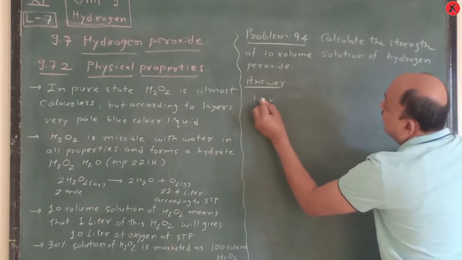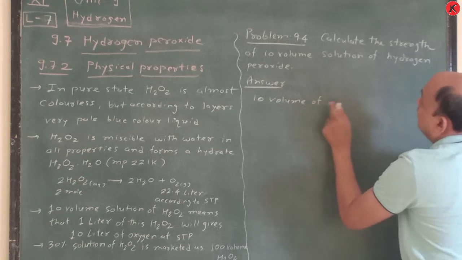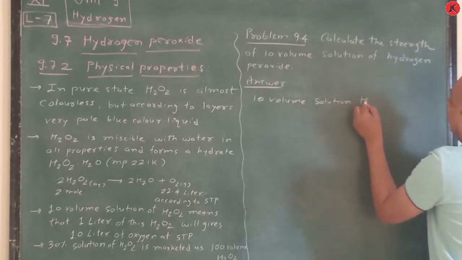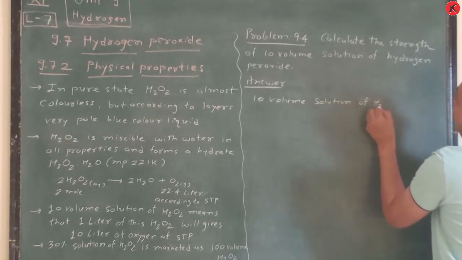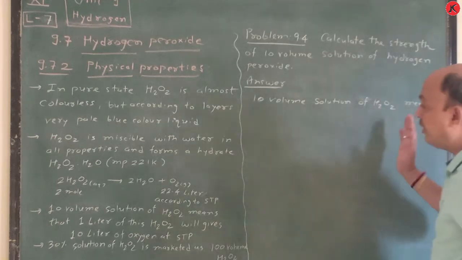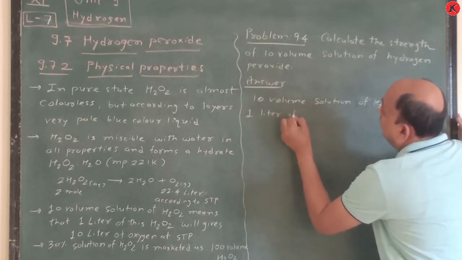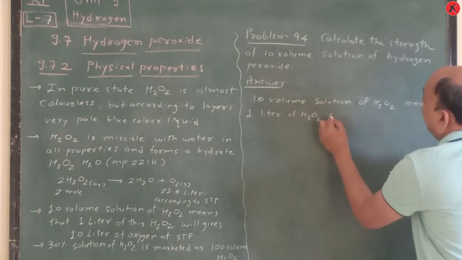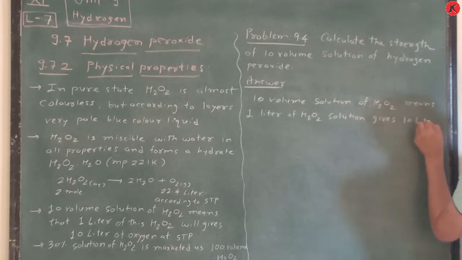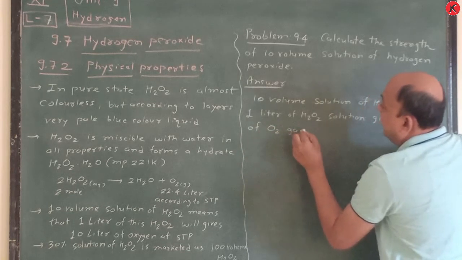So 10 volume solution of hydrogen peroxide means, here you remember that 1 liter of H2O2 solution gives 10 liter of O2 gas.